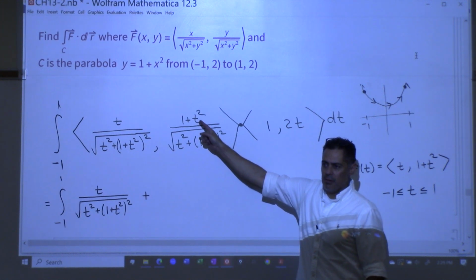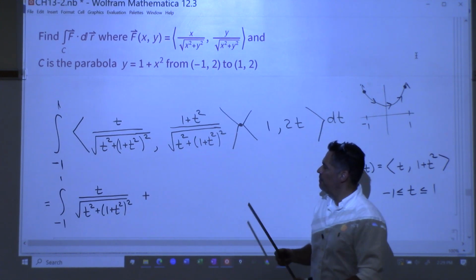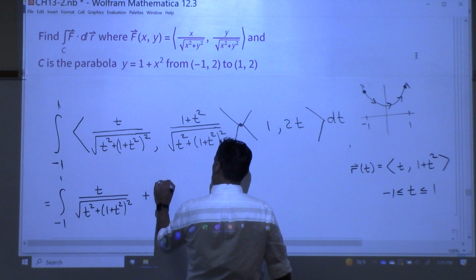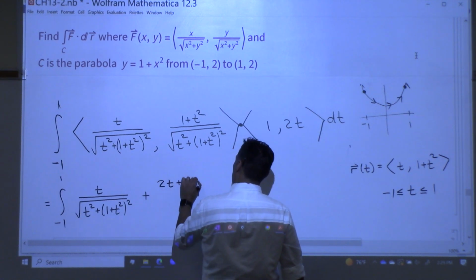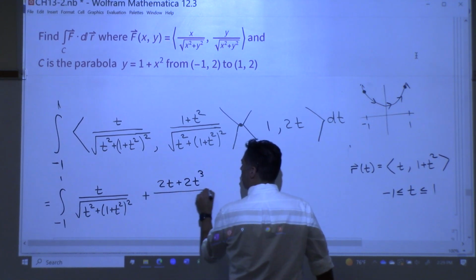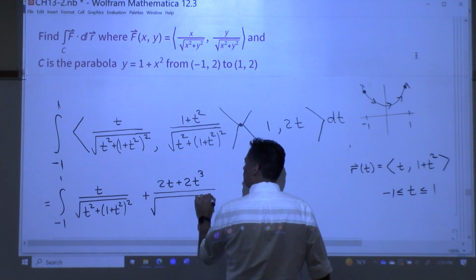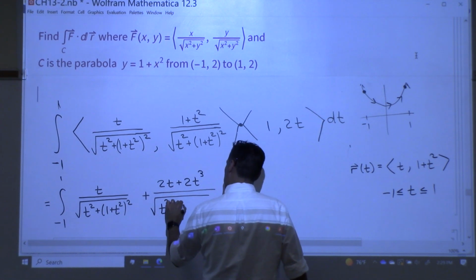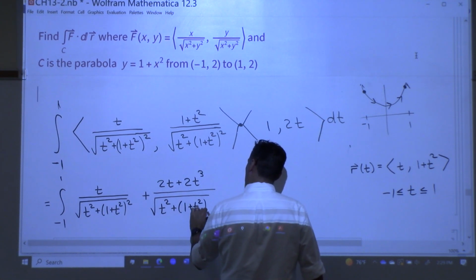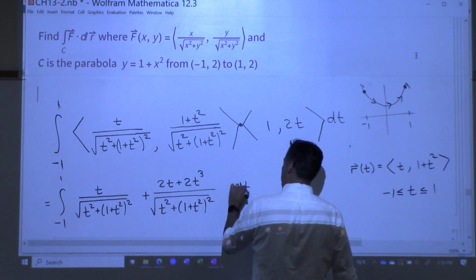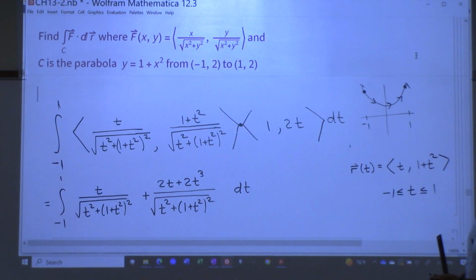So I get 2t plus 2t cubed over that same denominator, dt. No problem. Looks pretty straightforward.